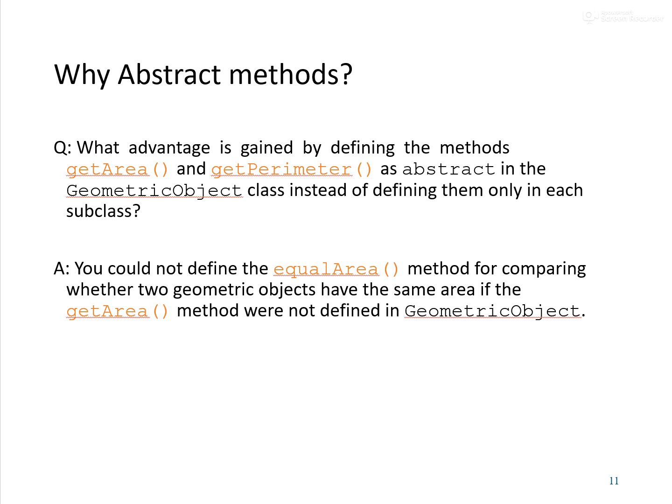Let's make a method equalArea for the example that we have, which will compare the areas of two different objects, and it'll be able to accept any type of geometric object. So circle, rectangle, rectangle, circle. You can compare any one with any other.